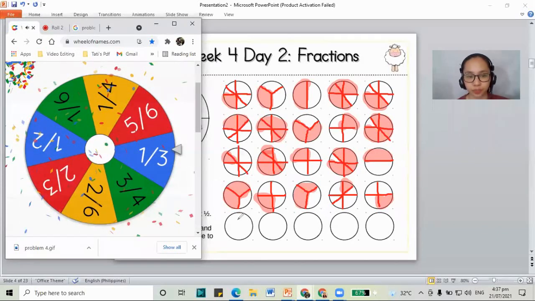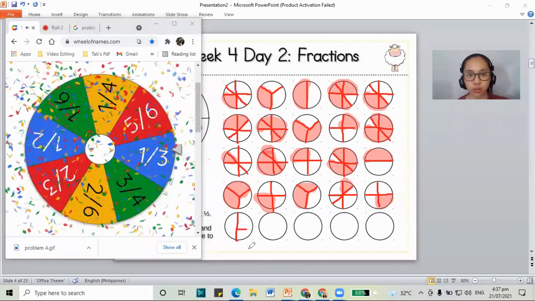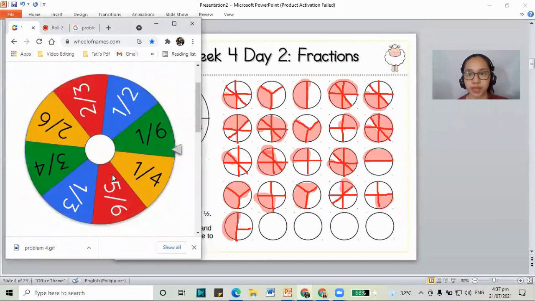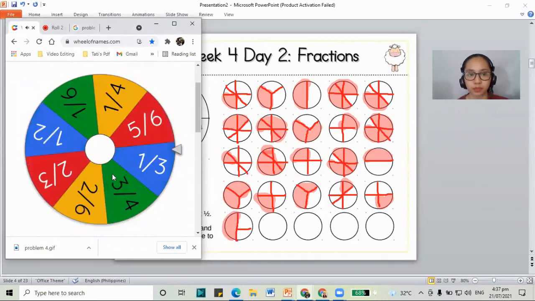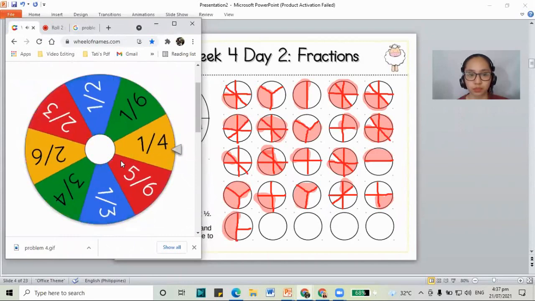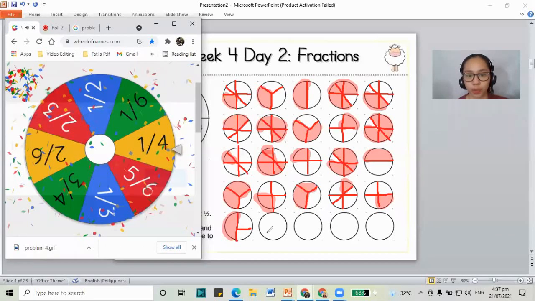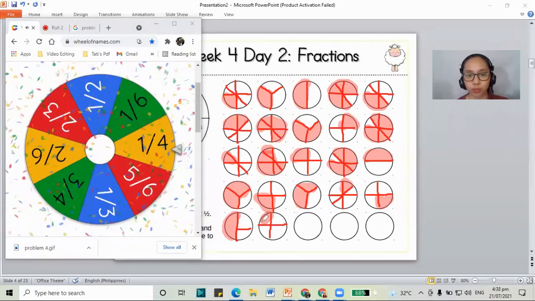One-third. There are 3 parts, but you only color 1. Let's spin again. There are 4 parts, and you color 1 only to make 1/4.